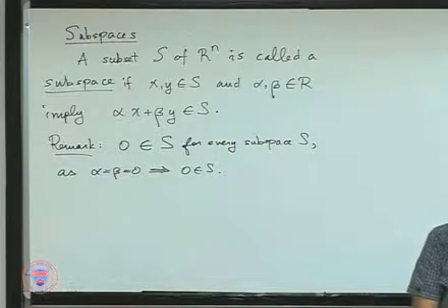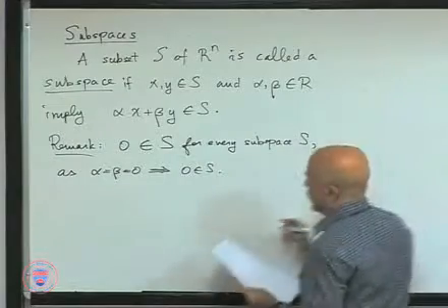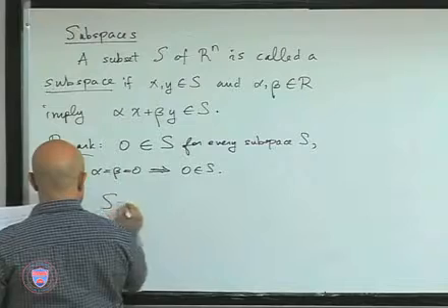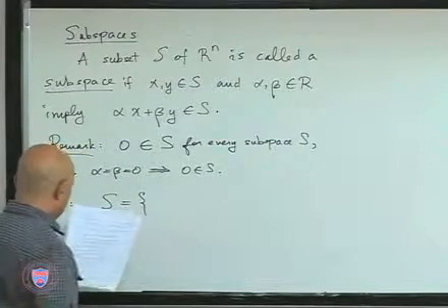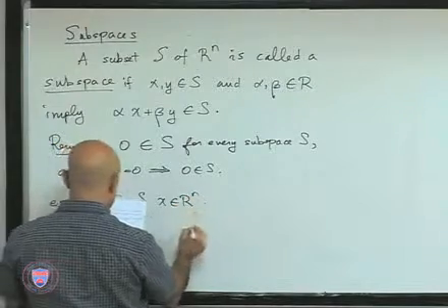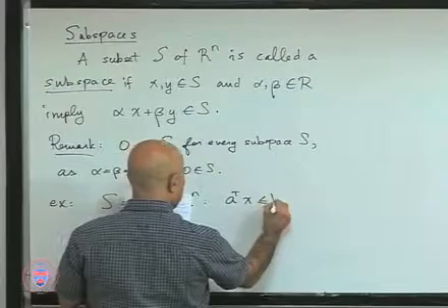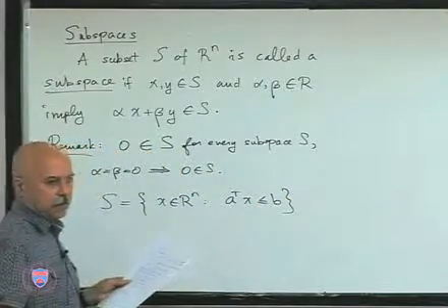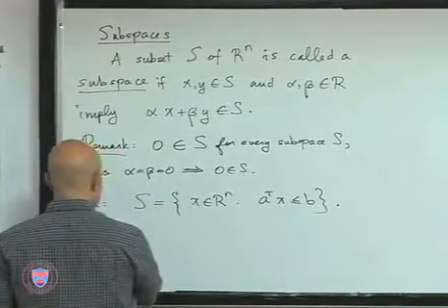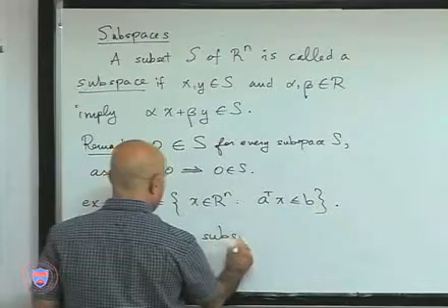Let me see if I have any example here. As an example, if you define, for example, S to be the set of points in Rn such that A transpose X is less than or equal to B, this is a half space. Okay? The question is, is S a subspace?